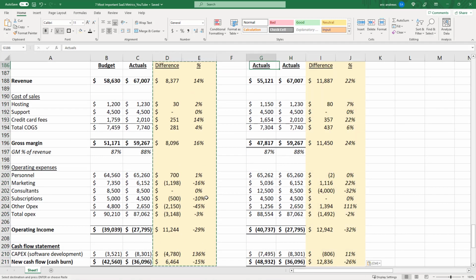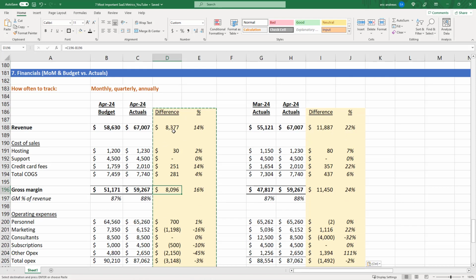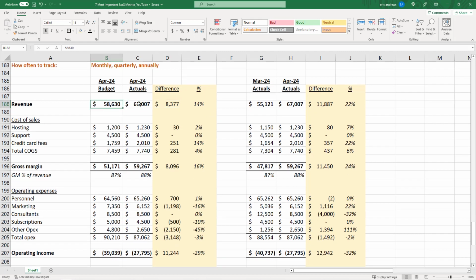So let's say we're really tracking everything against our budget. And so we say, okay, the actuals, we beat our budget. It was 67,000. So we beat our budget by 8,000. On the expense side, you do want budgets, especially on the expense side, to try to control your costs. So we're basically right on budget in terms of cost of sales, maybe slightly over, but very close.